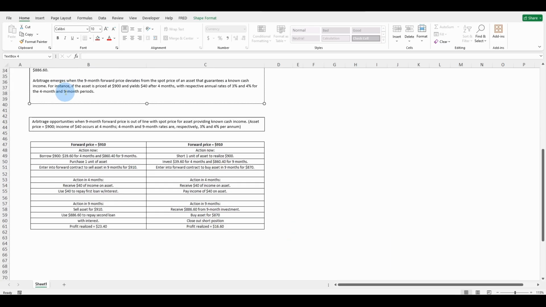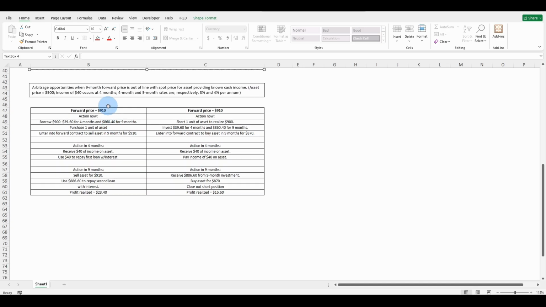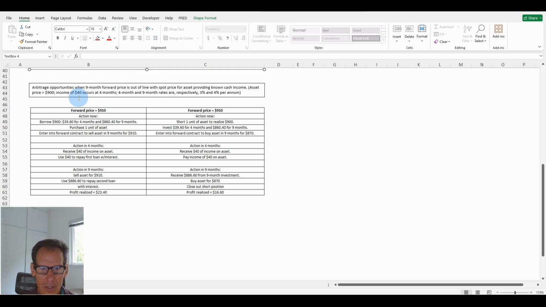Arbitrage emerges when the 9-month forward price is out of line with the spot price of an asset that provides a known cash income.